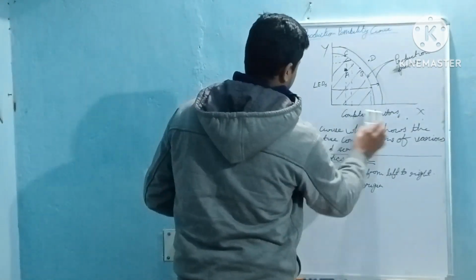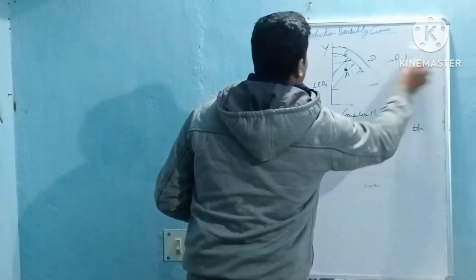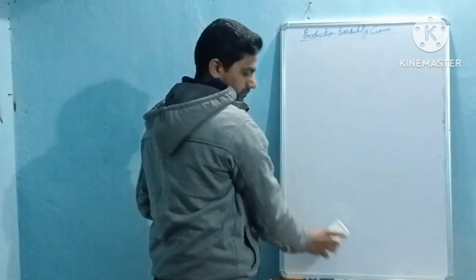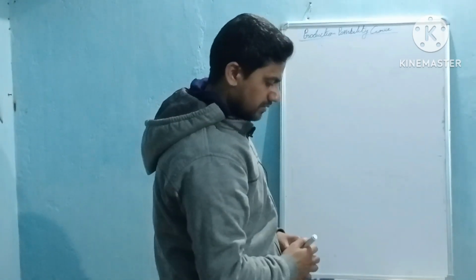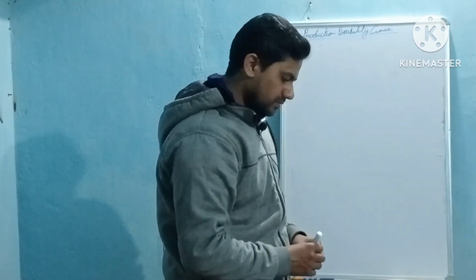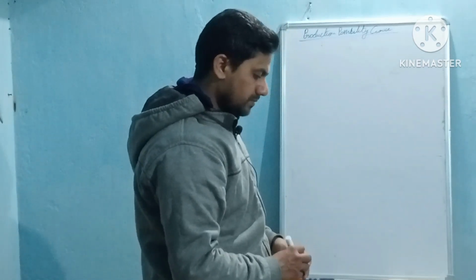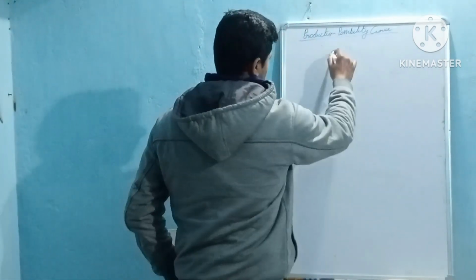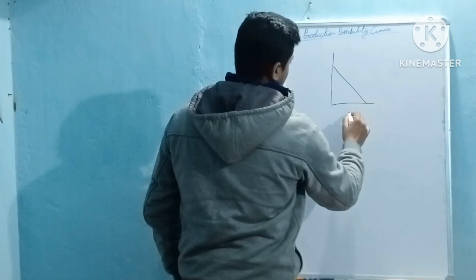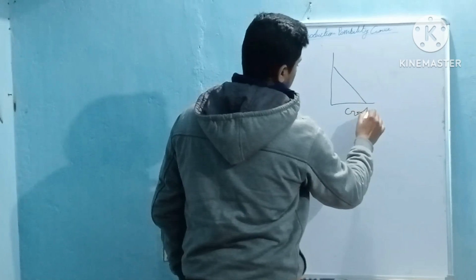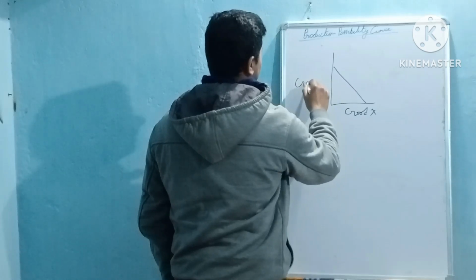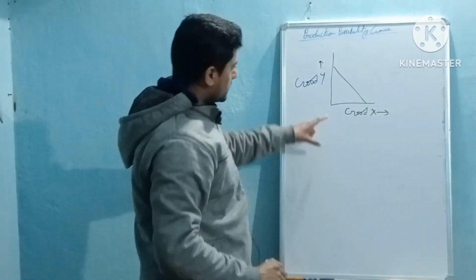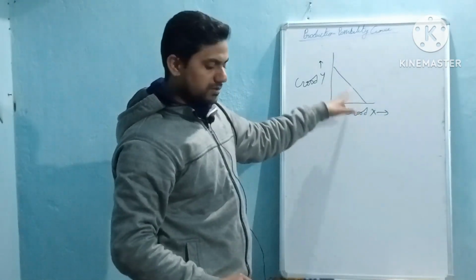So now you see here, along the X axis good X, and along the Y axis good Y. In this case, this production possibility curve is a straight line.